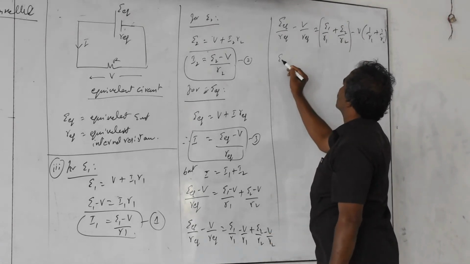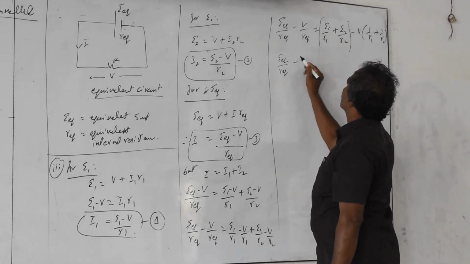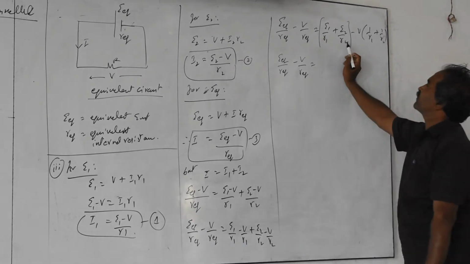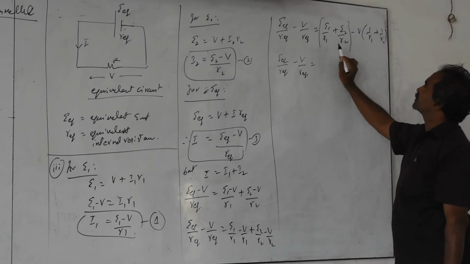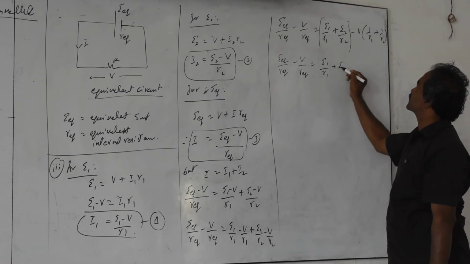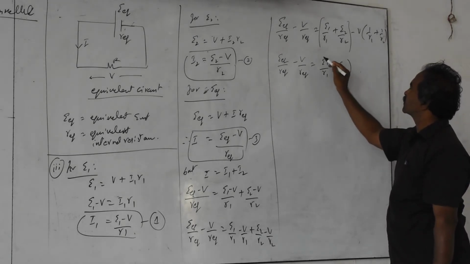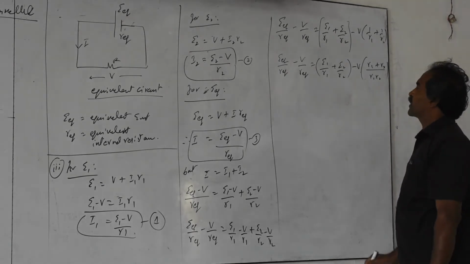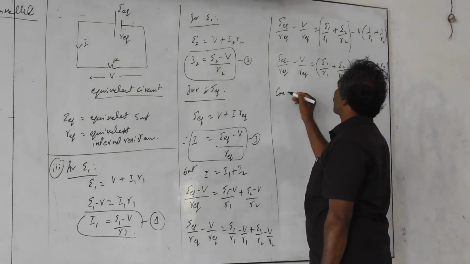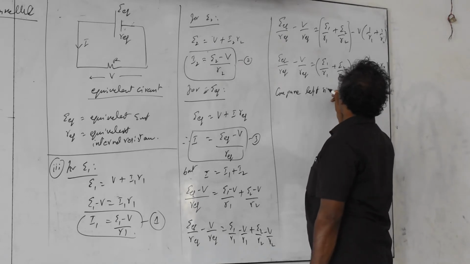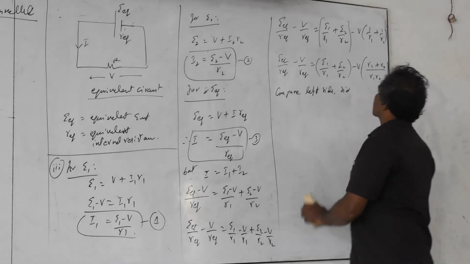So the next step is E equivalent by R equivalent minus V by R equivalent is equal to, we can take this also as LCM, but comparatively I am writing this as it is, E1 by R1 plus E2 by R2 minus V into (R1 plus R2) by R1R2. Compare the left and right sides of the equations.